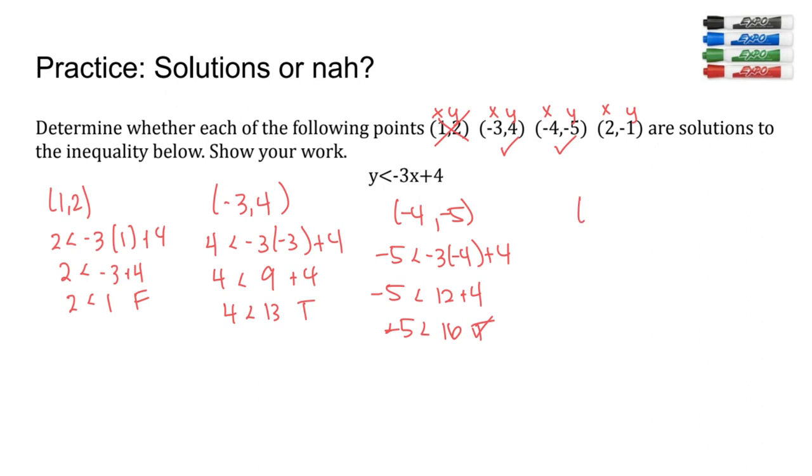Lastly, 2, -1. -1 is less than -3 times 2 plus 4. So that's -1 is less than -1. That is false. So that point is going to be directly on the line, actually. So that is not a solution.